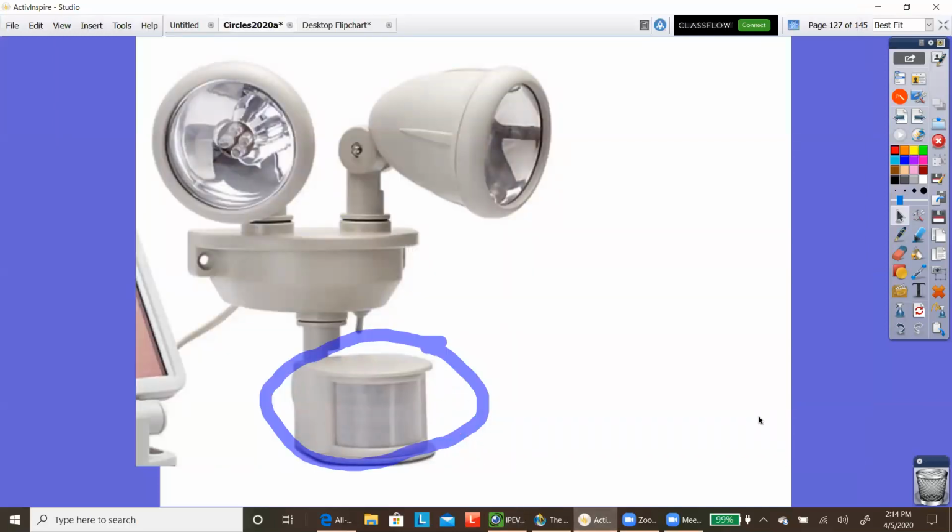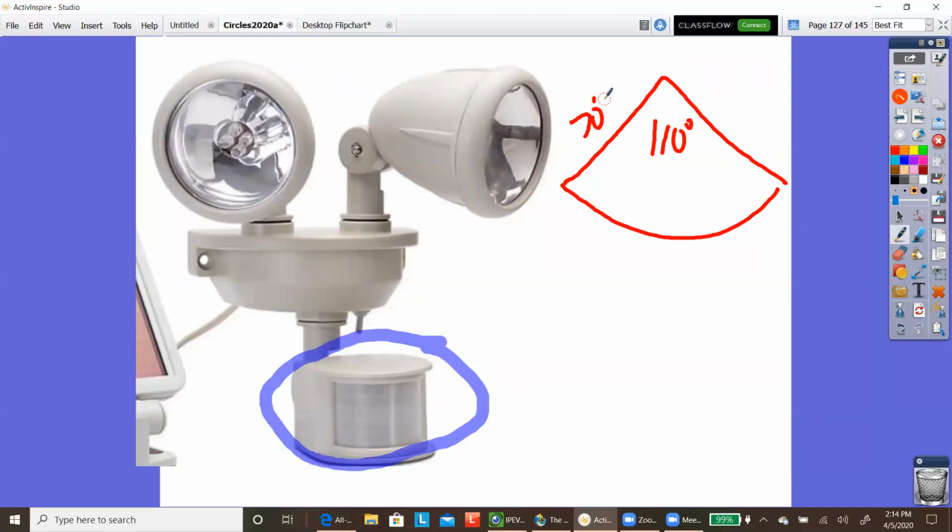Okay, so this is not the same one, but it's similar. So the one that we had a second ago, remember that we said it's a sector, drawn really badly, but the measure here is 110 degrees and the radius is 70 feet. So to find the area of the sector, 110 divided by 360 times pi times radius squared.